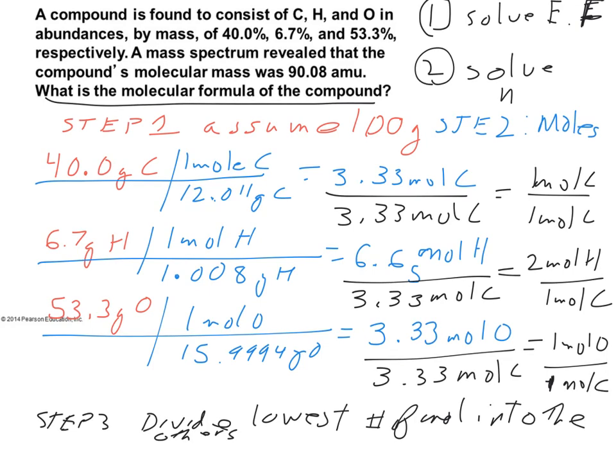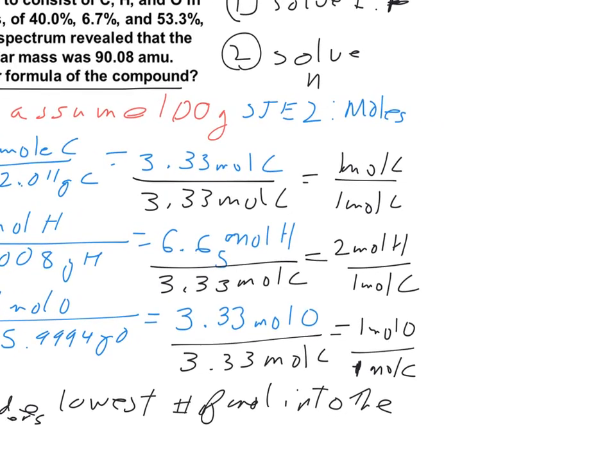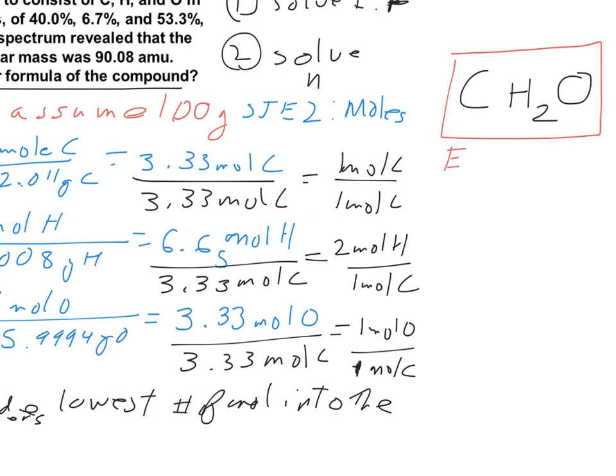That makes my empirical formula 1 carbon, 2 hydrogens, 1 oxygen. So that's my empirical formula.